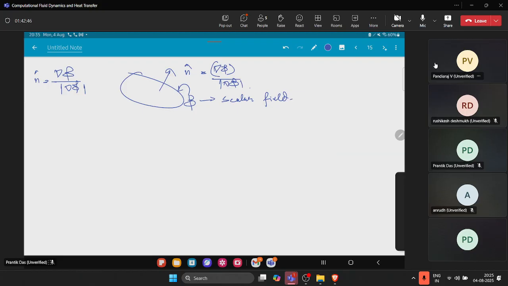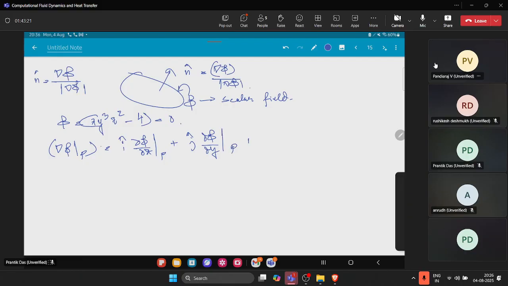Then, for example, this phi scalar field, if I'm using a mathematical equation like x y cube z square minus 4 equal to 0, then you have to find the gradient of phi at P. So what you will do is i cap d/dx of phi at point P plus j cap d phi/dy at point P plus k cap d/dz of phi at point P. The point P is minus 1, minus 1, 2.